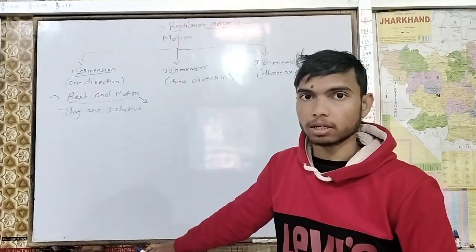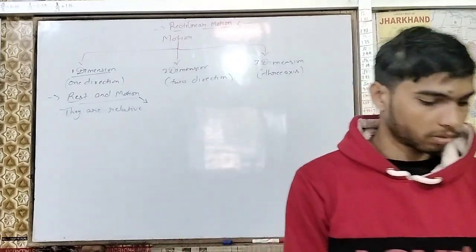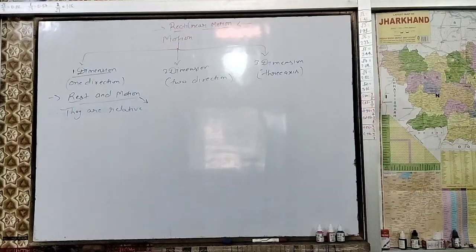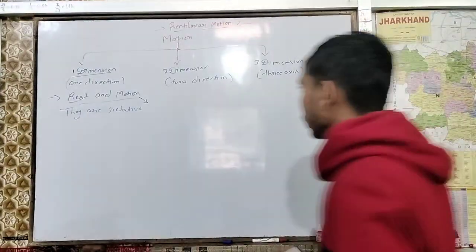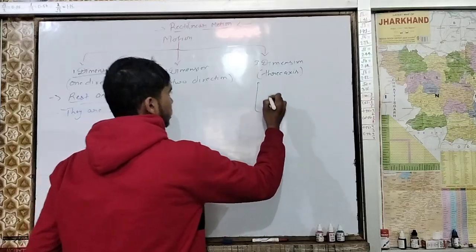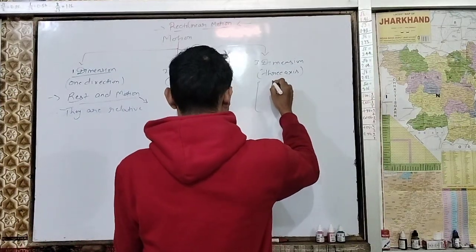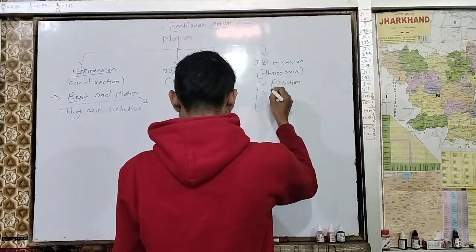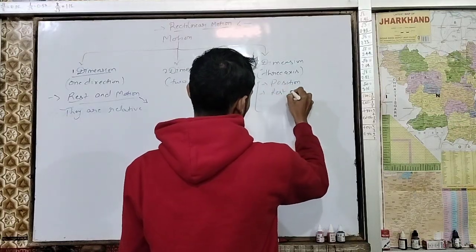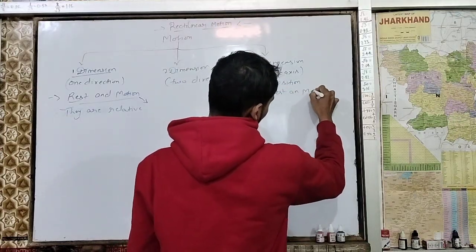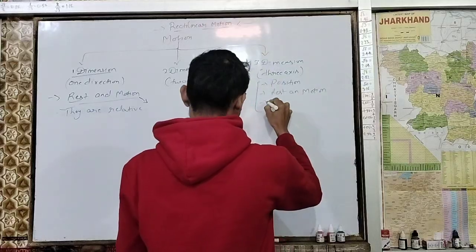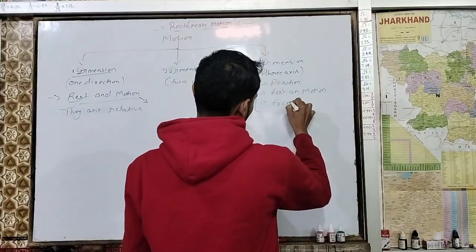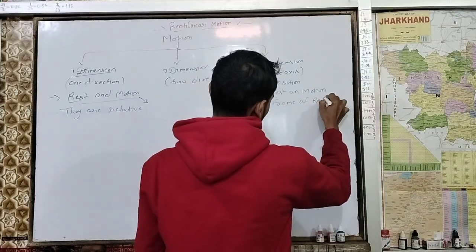A lot of the time we will see this word relative. From here we need to understand three things. First is position, second is rest and motion, which we have explained, and third is frame of reference.